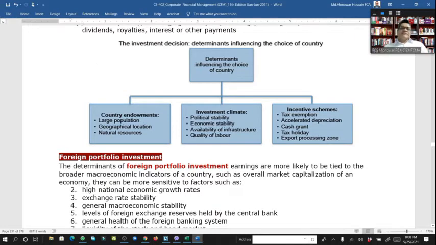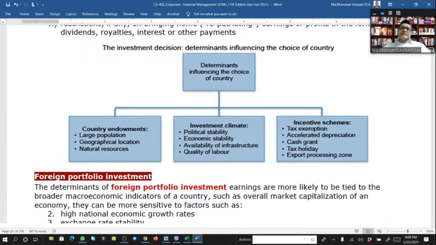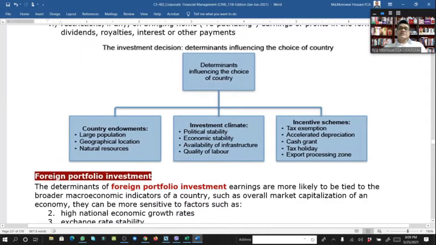And in the foreign investment decision, determinants influence the choice of country. Which country you will choose for investment abroad. So here some basic things are the determinants influencing the choice of country. How we will choose a country for investment, not within the country, another country.